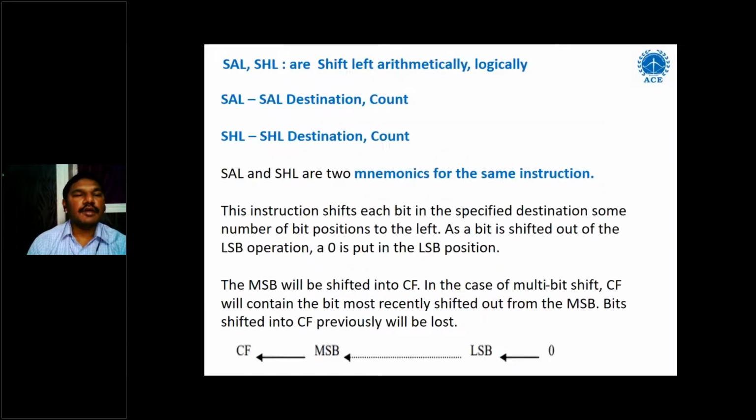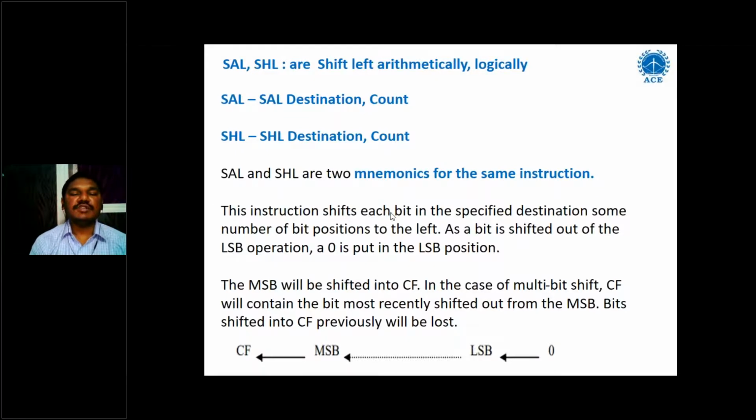Next, what are SAL or SHL? These two perform the same operation. When you are shifting left, the left side means this side. This is called the LSB and this is called the MSB. The LSB is filled with 0 here.